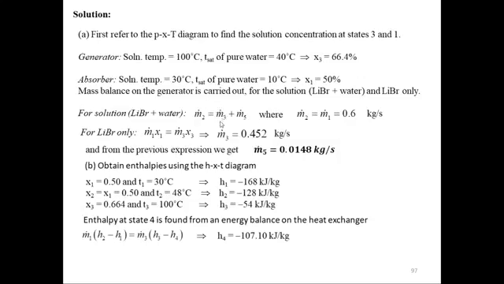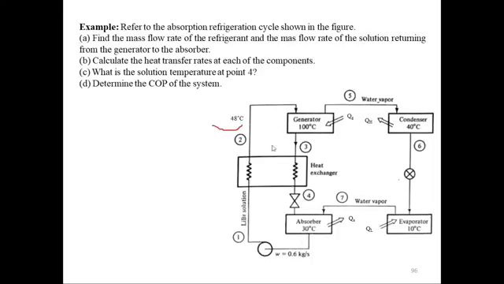Because it is a steady flow, steady state system, m dot 2 should be equal to m dot 3 plus m dot 5. M dot 2 is coming into the generator, m dot 3 and m dot 5 are leaving from the generator, so the sum of these two should be equal to this one. So that is what is written here.